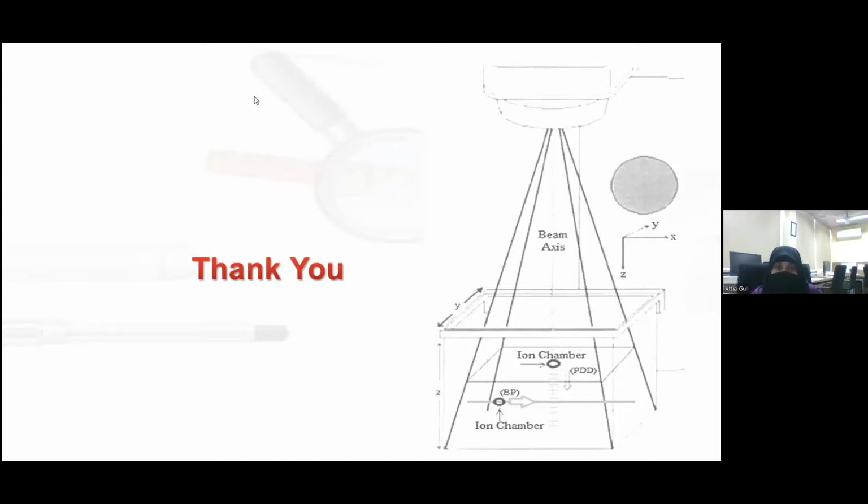Most of the data that it provides, for example different correction factors, are all valid for our linacs as well. So our linacs are commissioned for a nominal field size like up to 3x3, and that's what the recommendation from the Varian side is.